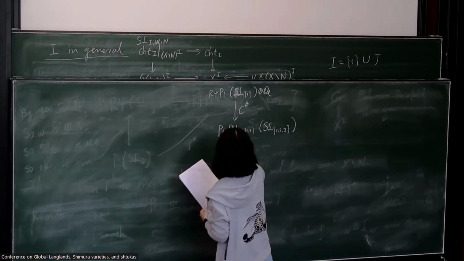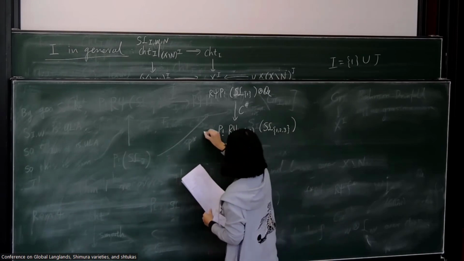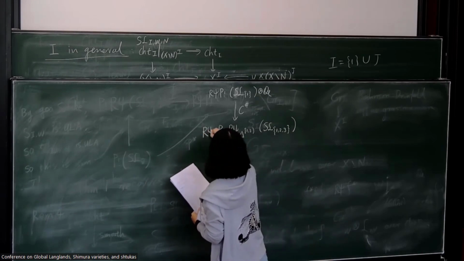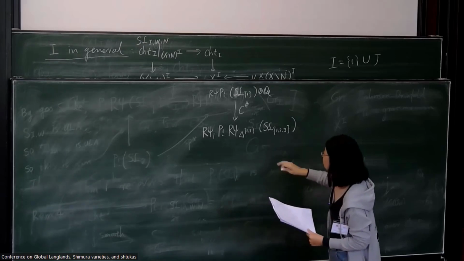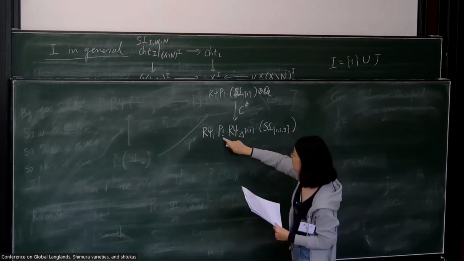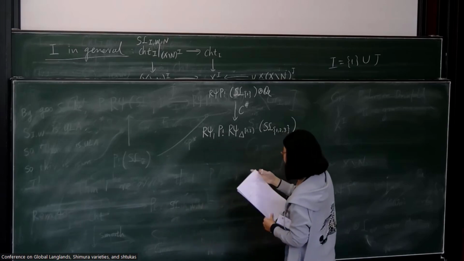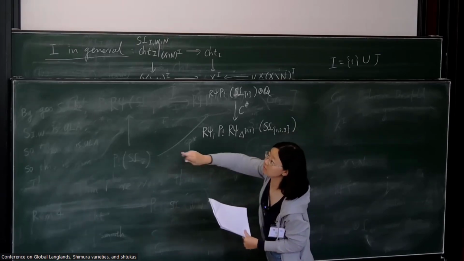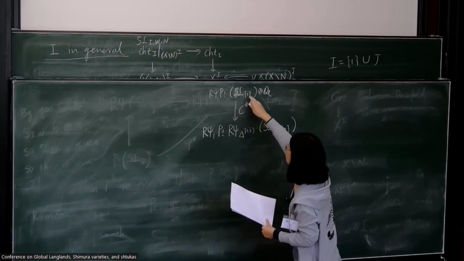And then we apply a direct image. So first apply nearby cycle for the second and third legs, direct image, and nearby cycle for the fourth leg. Apply this to the creation operator, we get this map.